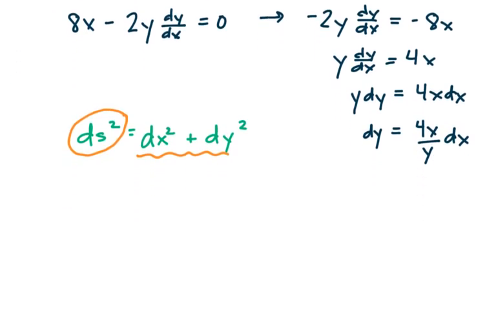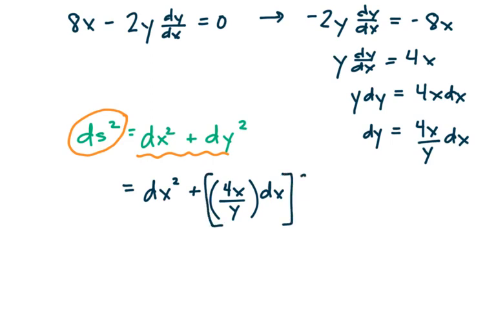So if I do that, I end up with dx squared, and dy squared will be 4x over y dx. And notice my dy value needs to be squared. So this is equal to dx squared plus 16x squared over y squared dx squared.